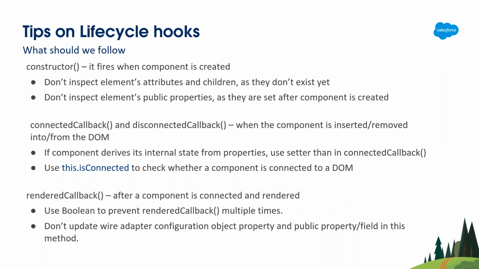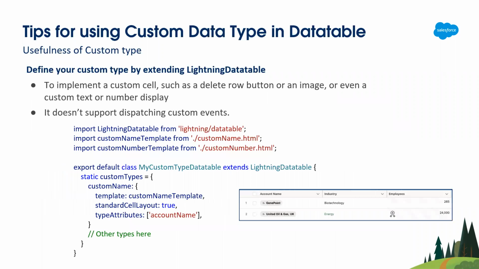So don't update wire adapter object configuration properties or public properties of a field in this method. Otherwise it is difficult to handle the renderedCallback. It actually causes performance degradation.